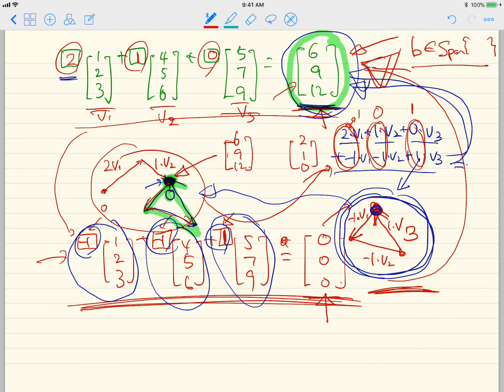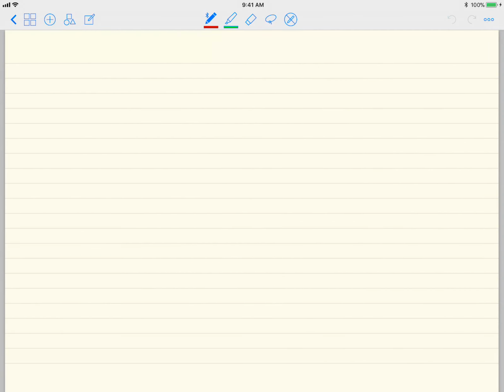So in that case, we cannot have a unique solution. We should always have infinitely many solutions, and the reason can be understood like this: we have three different vectors in our span, and that can be viewed as a kind of redundancy.